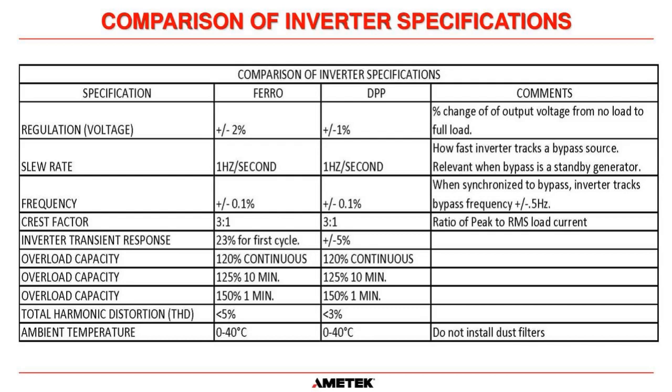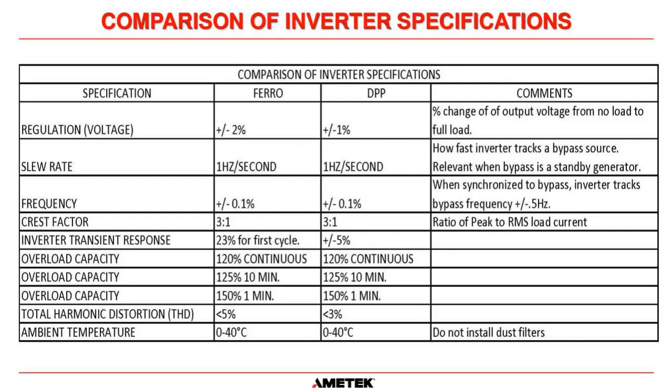So we limit how fast the inverter will track a generator. And this is primarily not for the benefit of the inverter, but the benefit of whatever load we have out there. If something is sensitive to a change in frequency, we don't want to cause problems with it. So the inverter will track a generator as long as it doesn't change frequency more than 1 hertz, or 1 cycle per second.